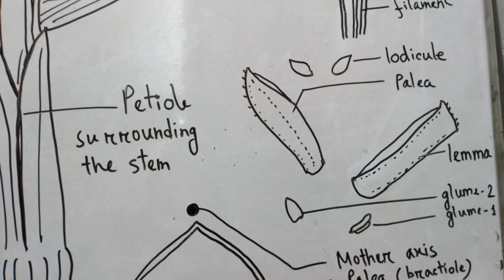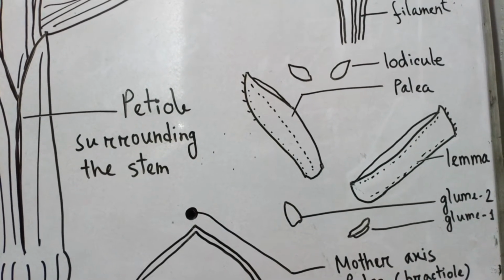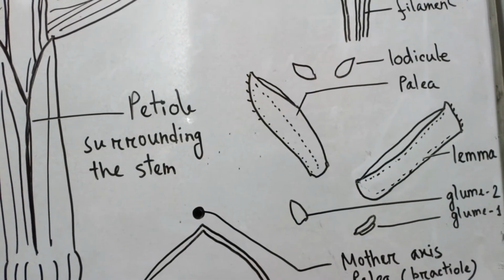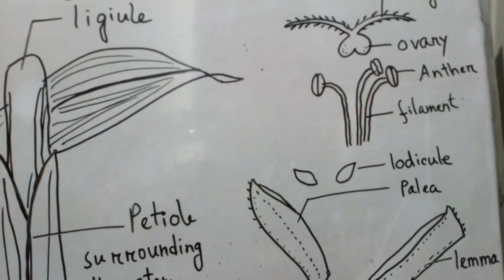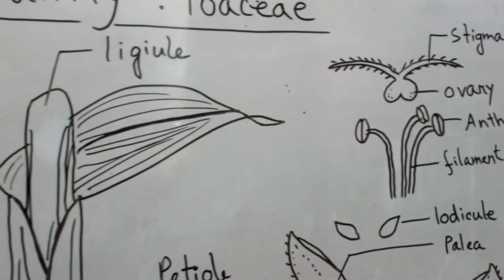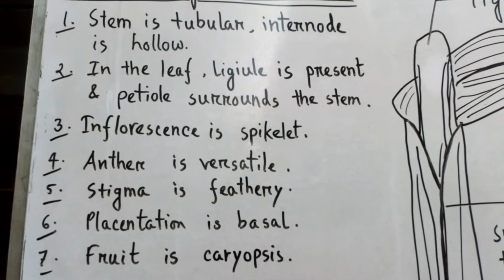Do you remember, when calyx and corolla cannot be differentiated, it is known as perianth. So these are known as lodicules here. Then above that, stamens and gynoecium are present. So this is the spikelet type of inflorescence.